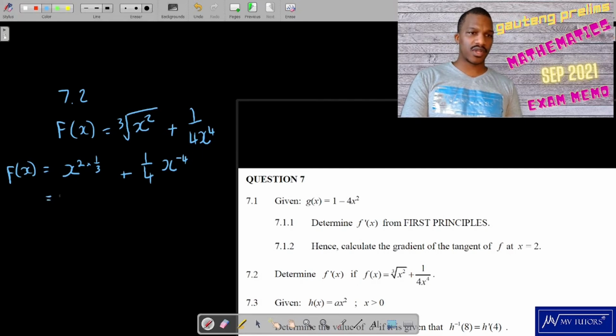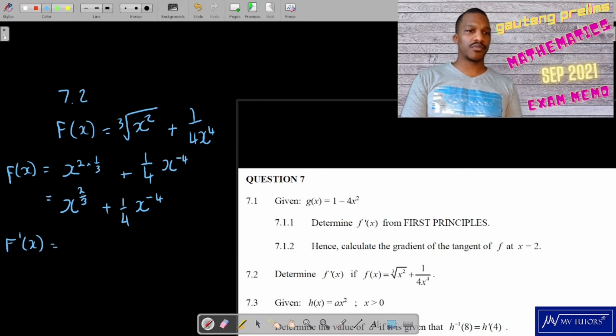Okay, so I just want to rewrite this nicely. So it's x to the 2 over 3 plus a quarter x to the minus 4.